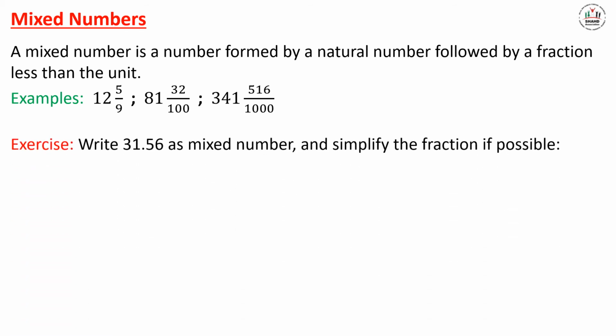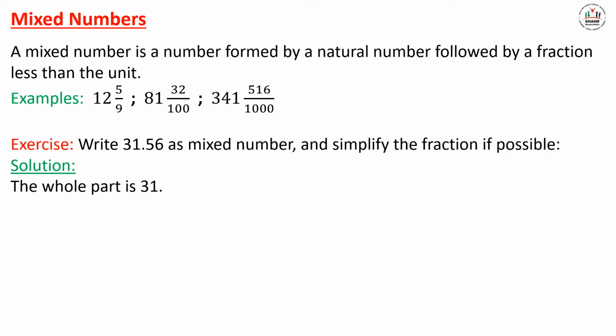Let's solve this exercise to understand the concept of mixed number. We need to write 31.56, which is a decimal number, as mixed number and simplify the fractional part of this mixed number if possible. Look at the solution to understand the idea. The whole part is 31.